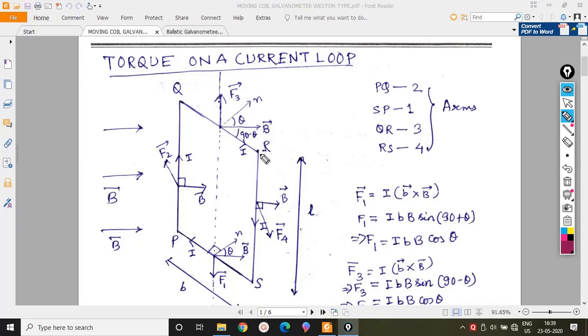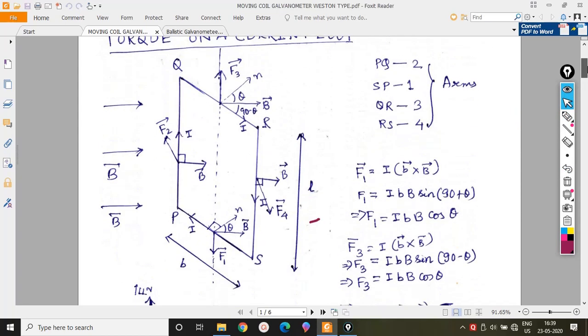The loop arms RS and QP have length L, and the other arms SP and RQ each have length equal to b. Here we have one single turn only.